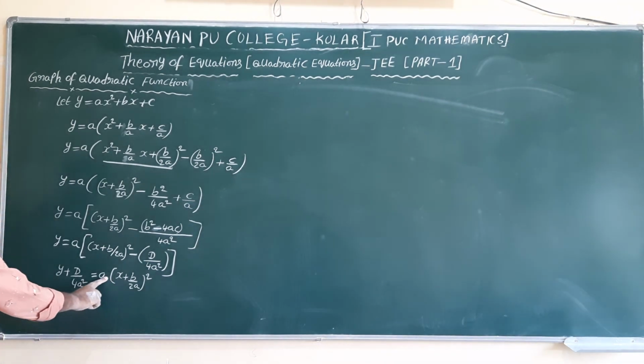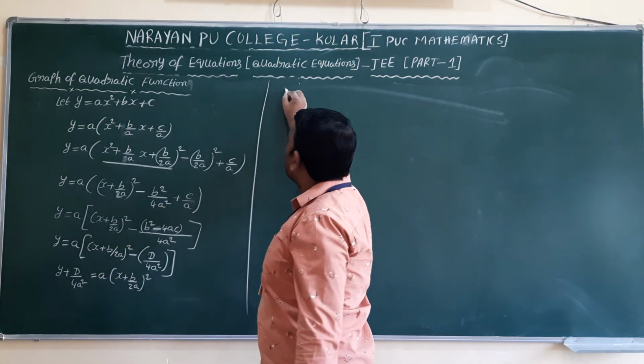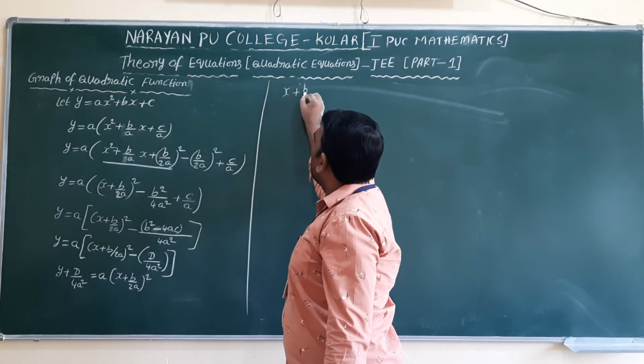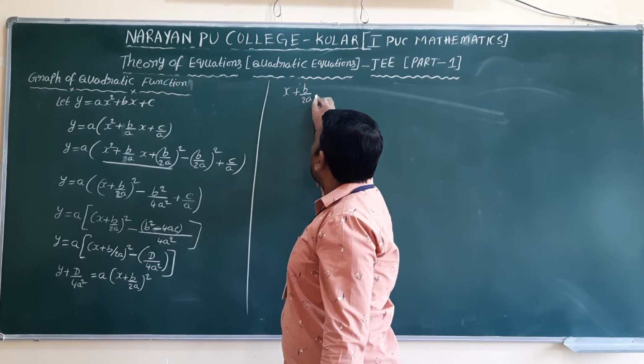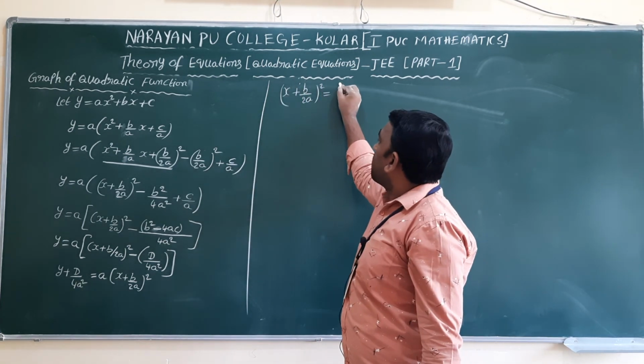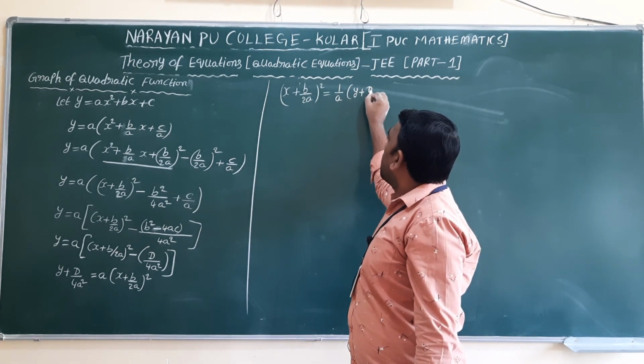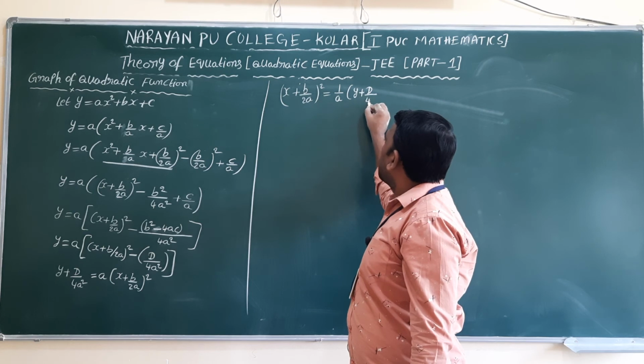Now this a value set here, simply x plus b by 2a whole square equal to 1 by a into y plus d by 4a square.